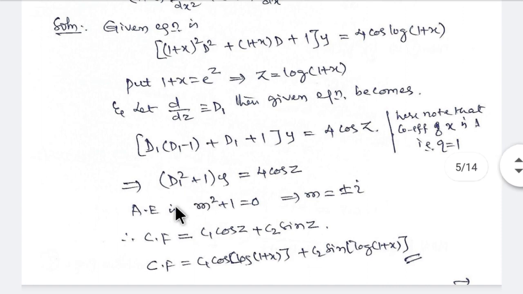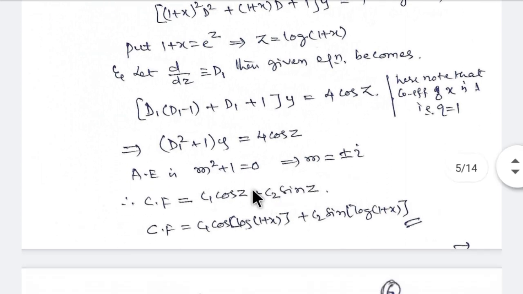First, you solve for the complementary function by using the auxiliary equation. The auxiliary equation is m square plus 1 equal to 0, so m is equal to plus or minus i. So the complementary function is in complex form, one pair of complex roots.